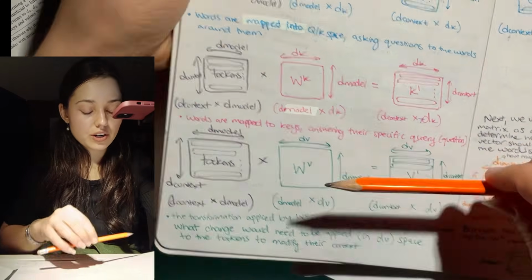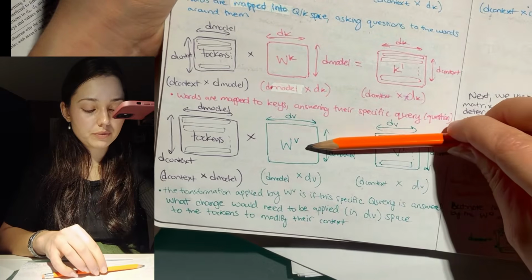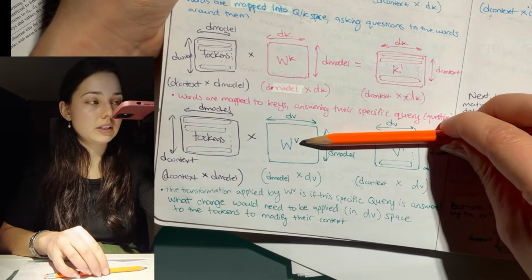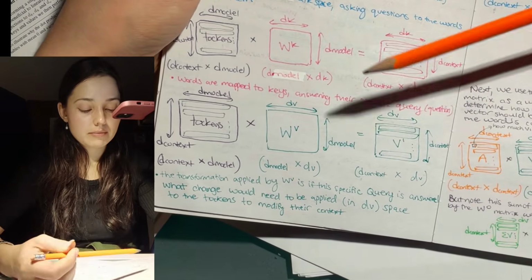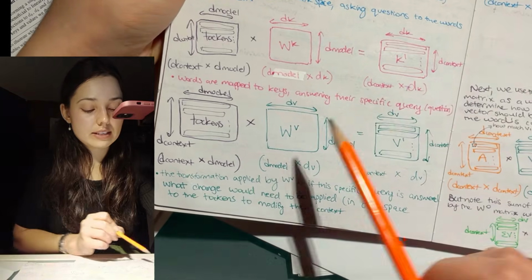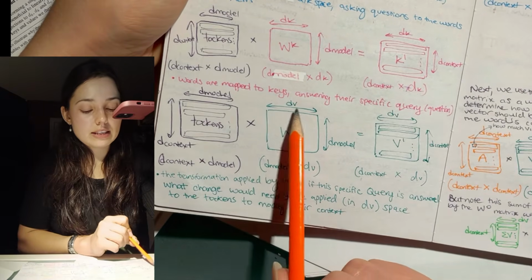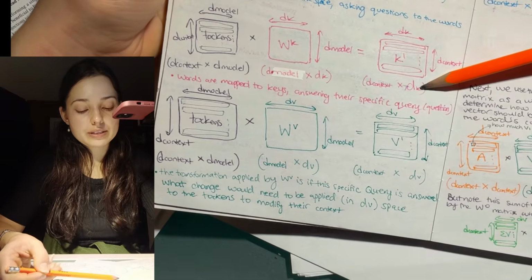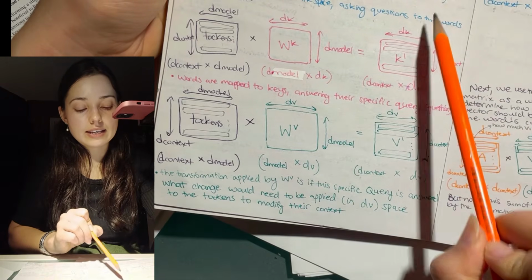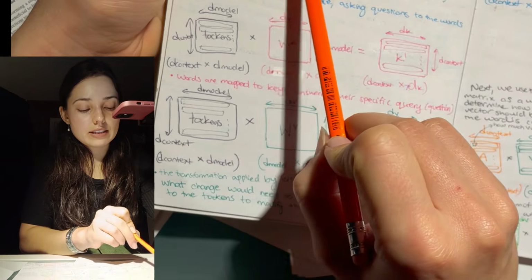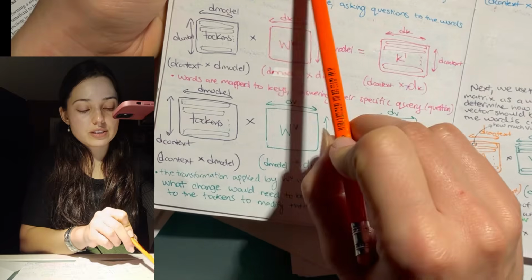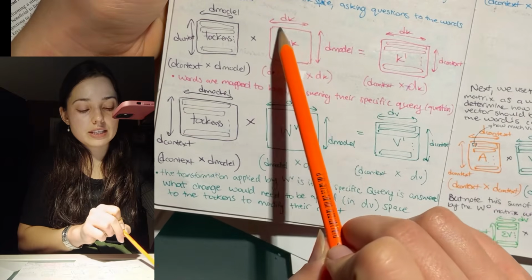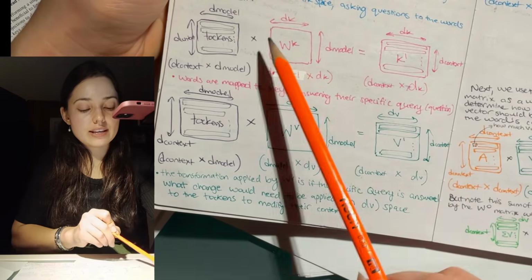Then the words are also mapped by this WV here. Notice the difference here is this dimension. This is the dimension that we get in the output. The key and query space is in DK dimension, which is the dimension of the questions and answers.